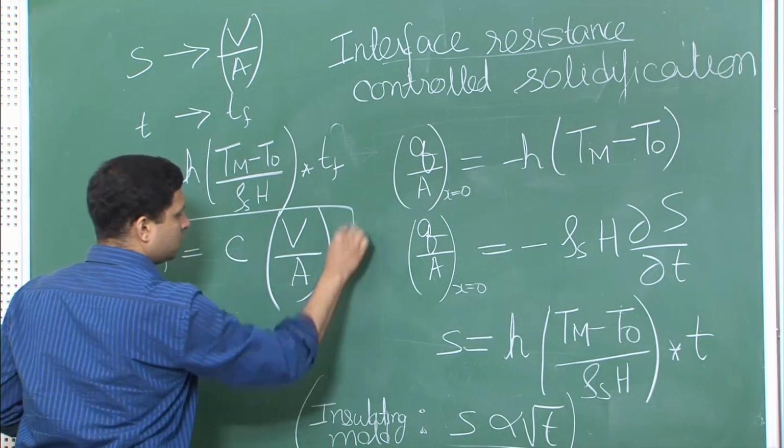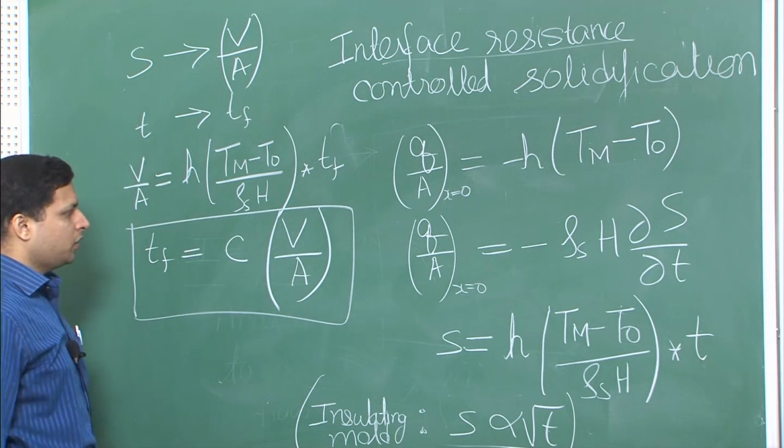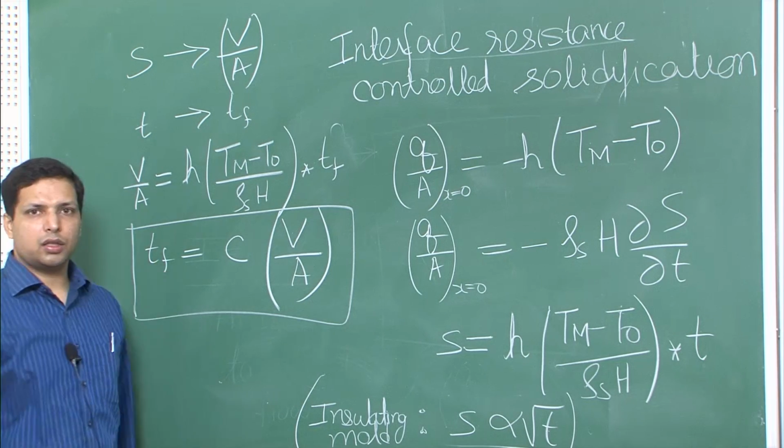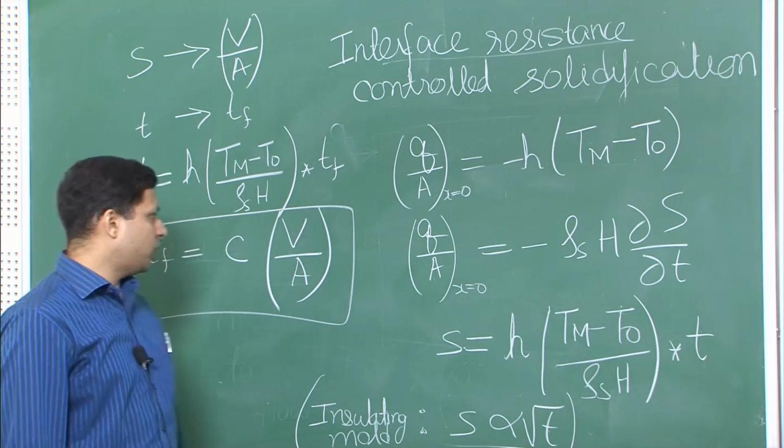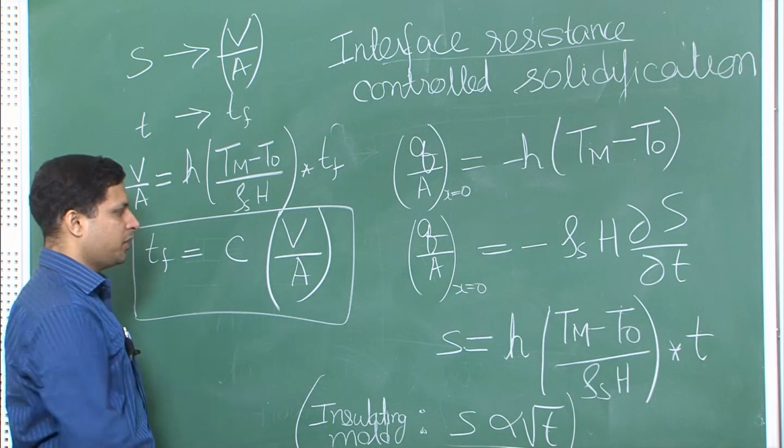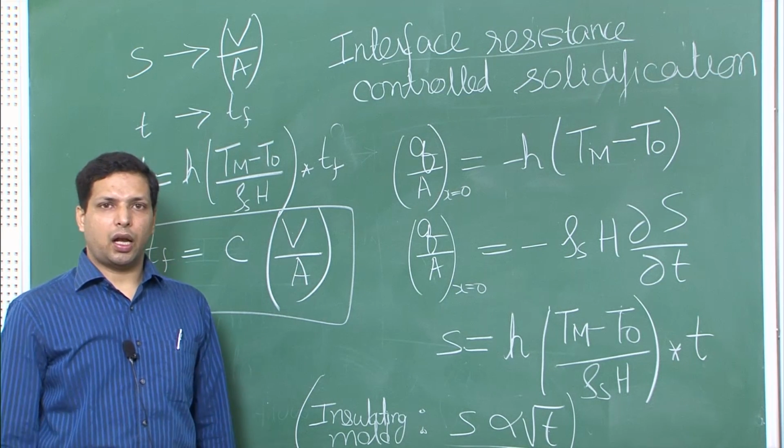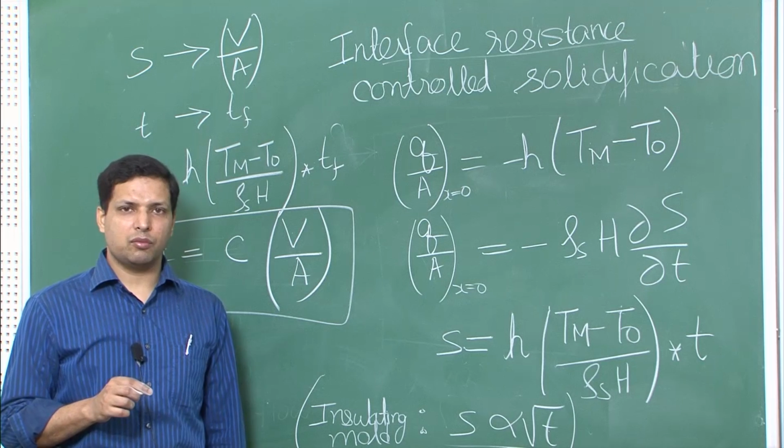Again, you see we have obtained the total solidification time, which says that total solidification time is proportional to V over A. And how was it when we were talking about insulating mold?